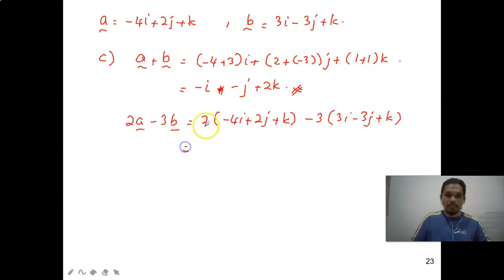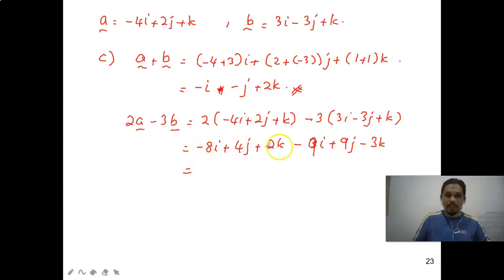Multiply the constant with every single component here. 2 times negative 4, negative 8i plus 4j plus 2k, and then minus 3 times 3 equal to 9i, negative 3 times negative 3, positive 9j, minus 3k.